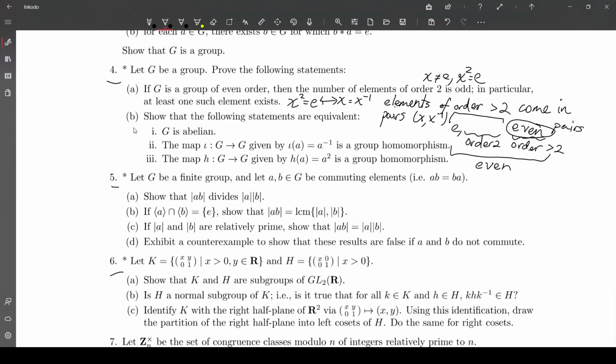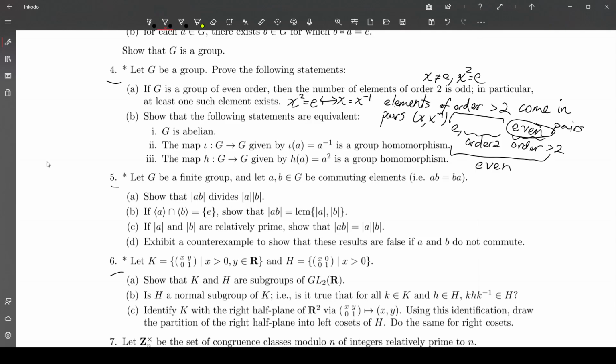And then part B is saying that the statement about G being abelian is equivalent to these maps iota and h being homomorphisms, namely the inverse map and the square map being homomorphisms.